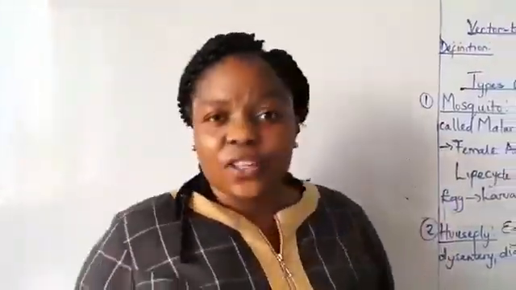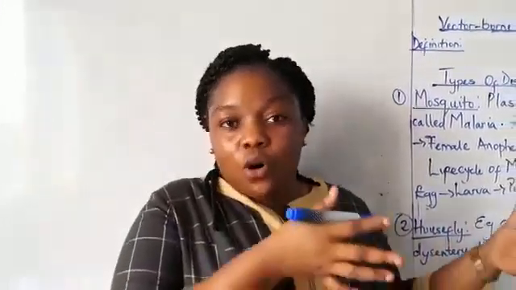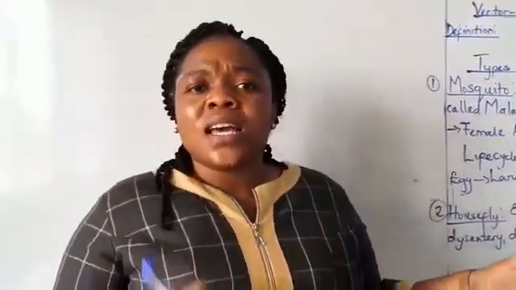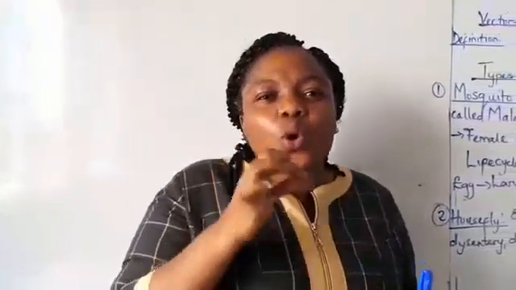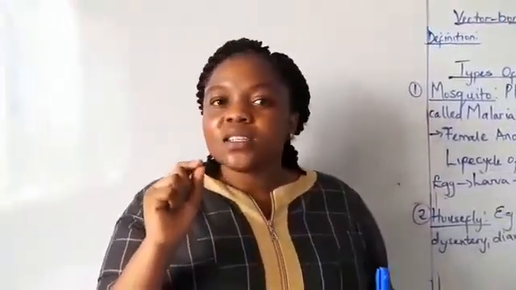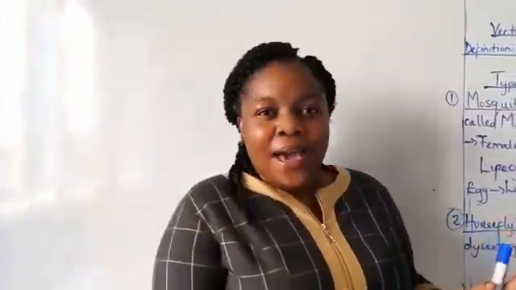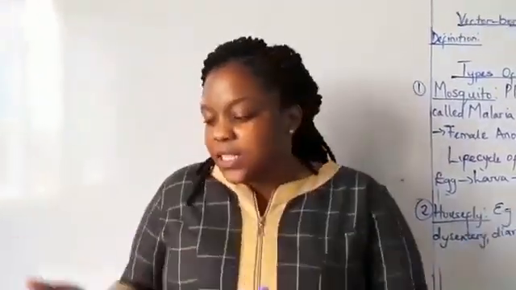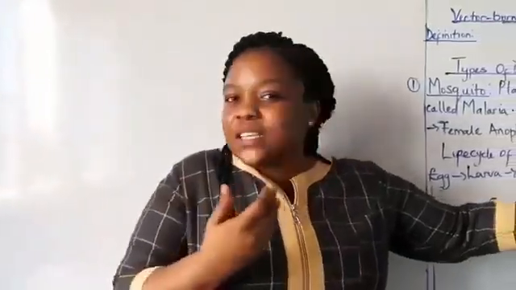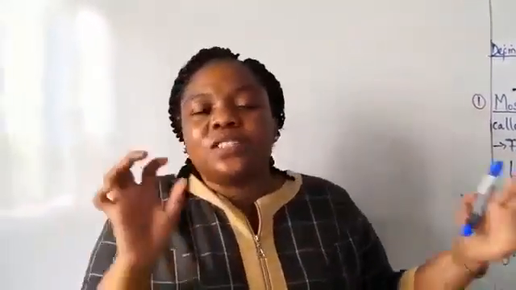These disease vectors, these carriers of illnesses or diseases, in most cases are not themselves infected by the illness or diseases. They are just a carrier. It's just like me taking a particular notebook from one place to another. That doesn't mean I own the notebook. So they are just carriers of the diseases.